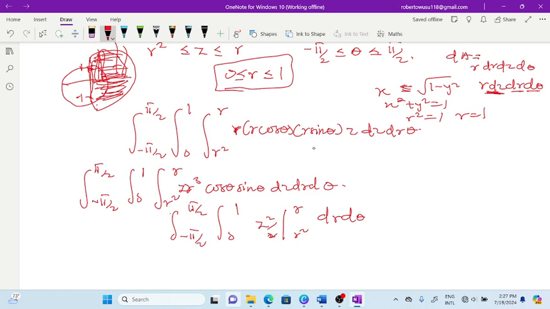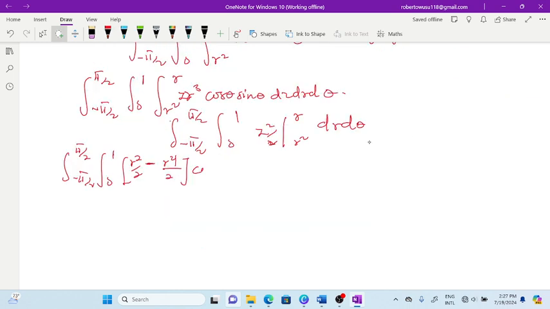Remember I have cos theta sin theta here, and I have the dr d theta, okay? So with this, I'm almost through. I simply have to take half out, okay? So I have half out of the expression. And remember that I can make this sin 2 theta, so I can have 1 over 4 out instead.